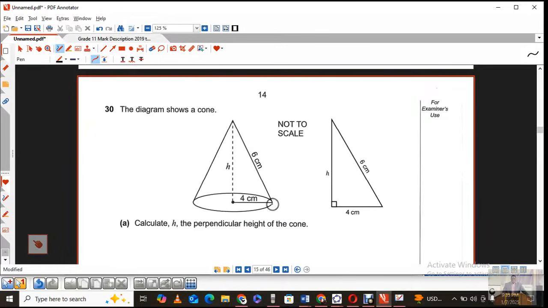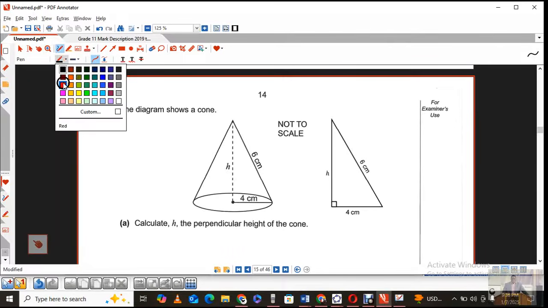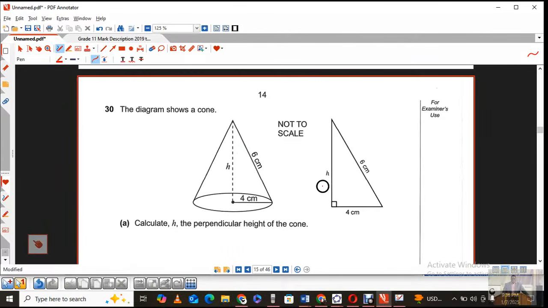Good. Question 30. The diagram shows a cone. So I have added this triangle. What I did is I sort of separated that from the diagram. They ask us to find h, and you can see that this is a right-angled triangle, so that means we have to use Pythagoras.